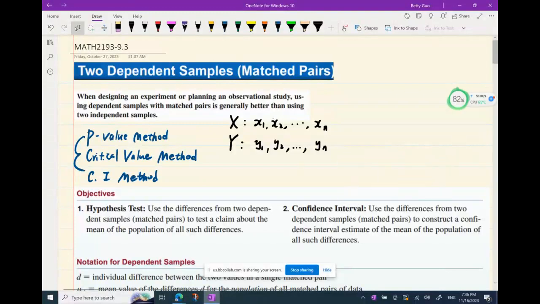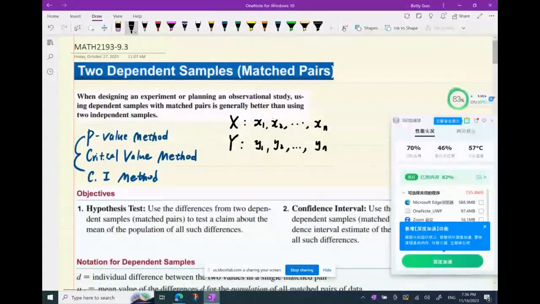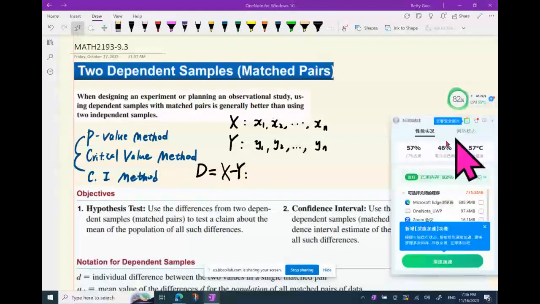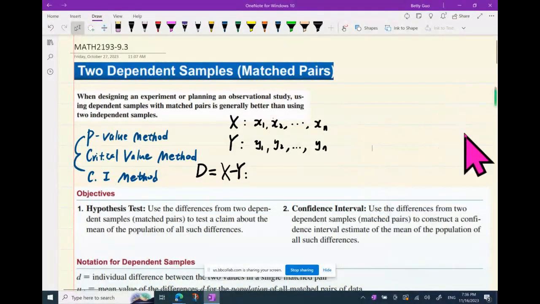All right. So now we are going to use x minus y to create a new population or new random variable. If we see x minus y as a new random variable, then we would have x1 minus y1, which is d1.